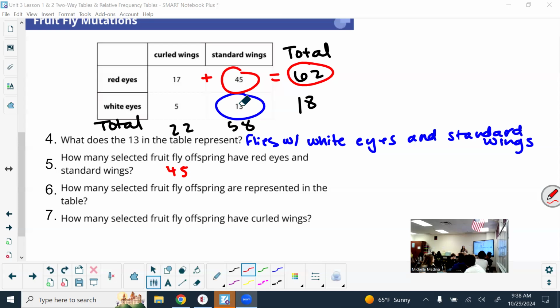How many fruit flies are represented in the table? 80. And where did you get that from? How do you know that there's 80?